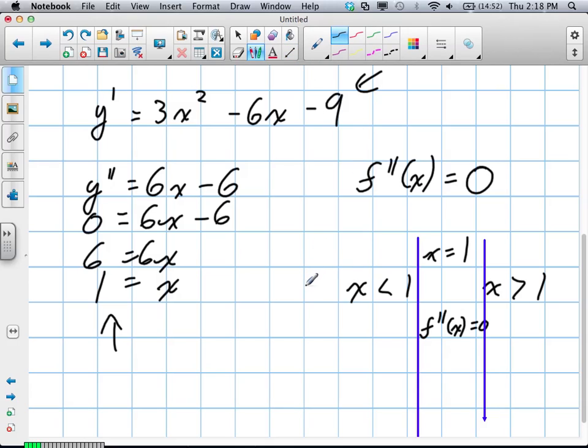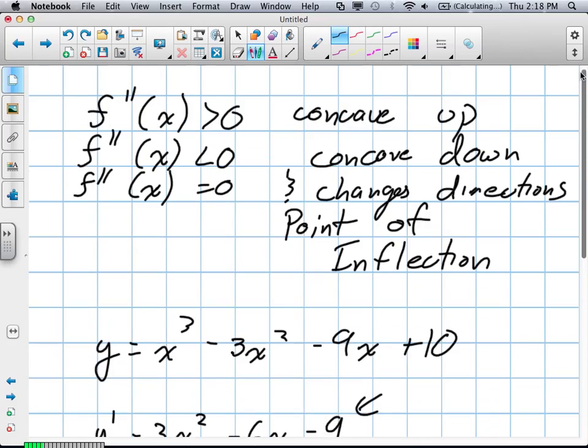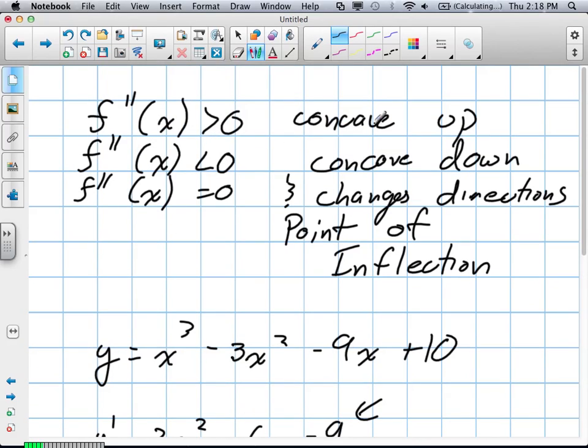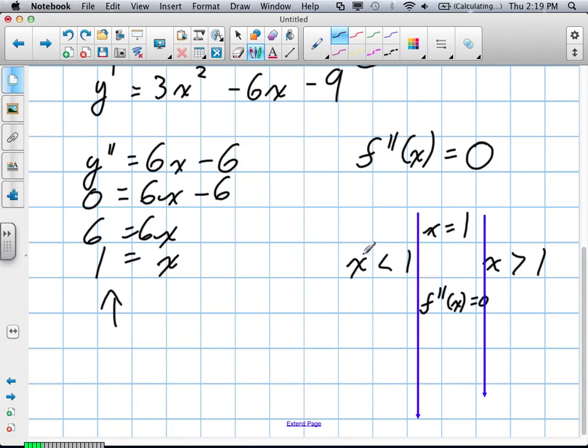When x is less than 1, what's our value going to be? And that's when we get into greater than 0, concave up, less than 0, concave down. So we're going to take a value less than 1. Let's say we use the value of 0. So we're going to find f double prime when x is 0.